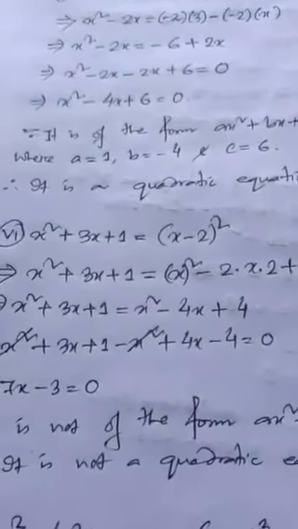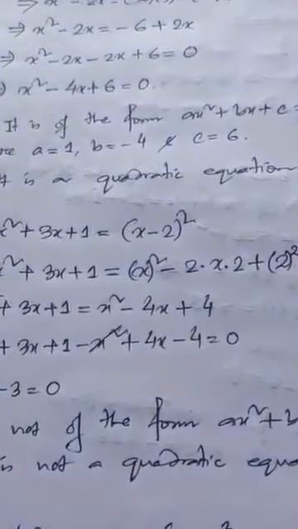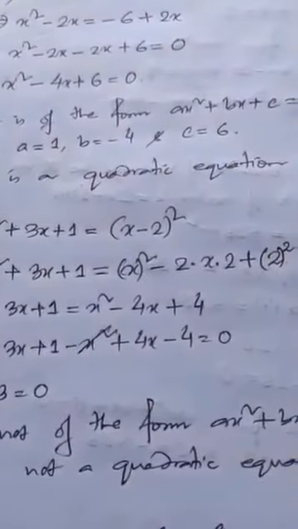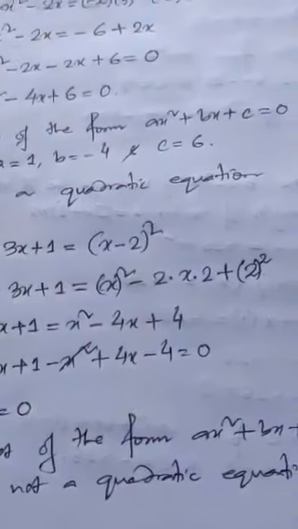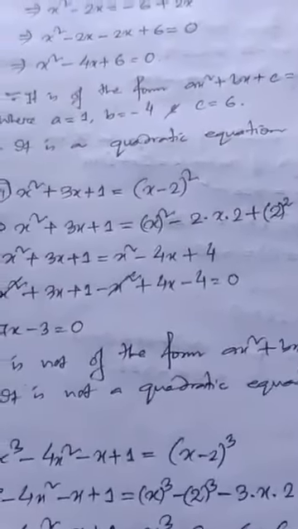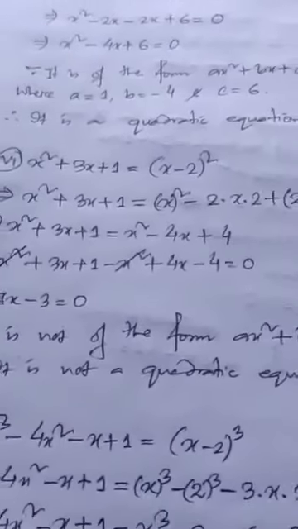Now again in LHS we can keep it as it is. In RHS, when we multiply this x square, we are getting x square only. Then minus 4x, and now plus 2 square is 4. Now we can't do anything if we keep it like this.